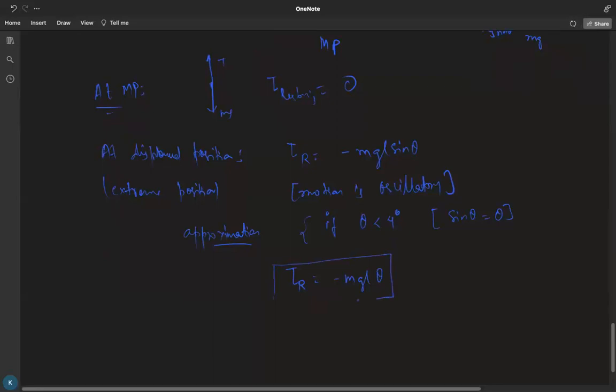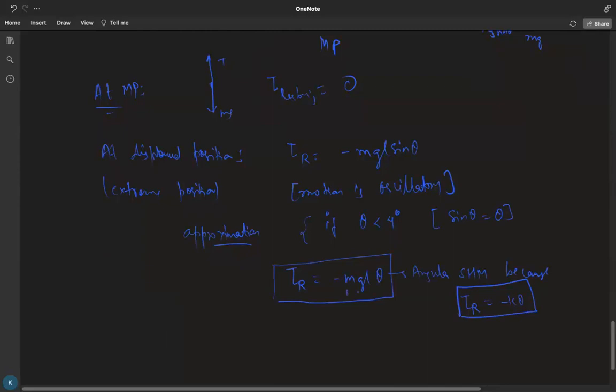Now this is our angular simple harmonic motion, because the restoring torque is a linear function of angular displacement.